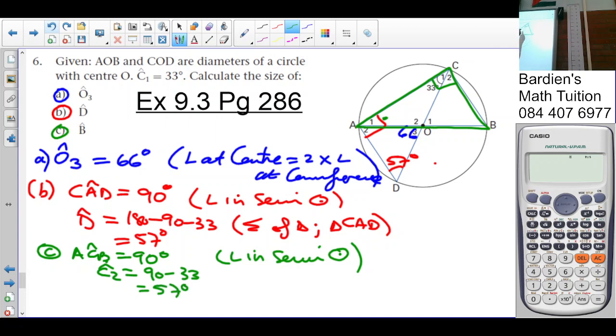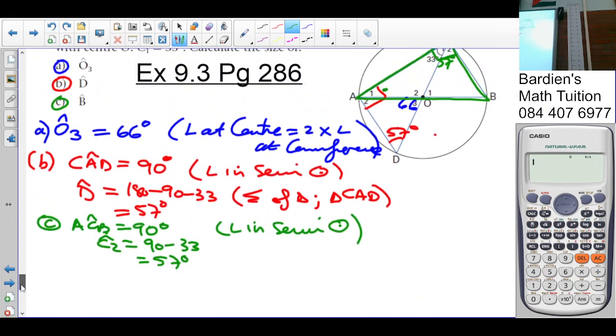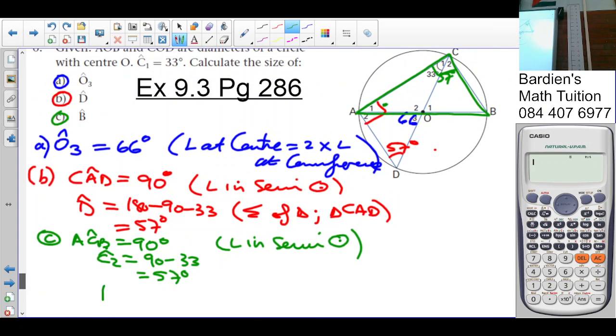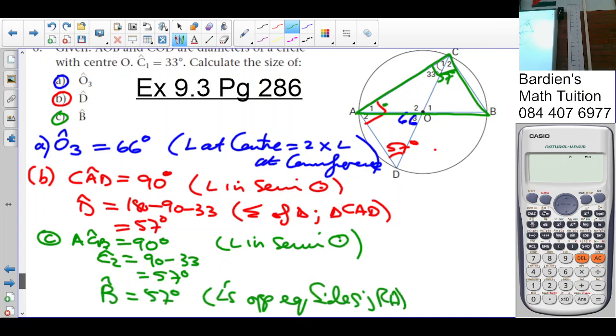At 57 degrees. So angle B is then equal to what? Also 57. Why? Angles opposite equal sides. And it's your radius. Its sides are equal.